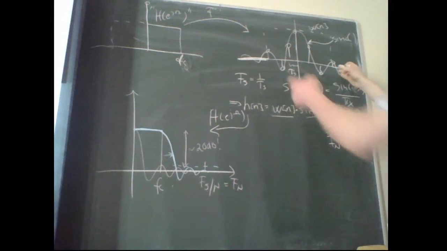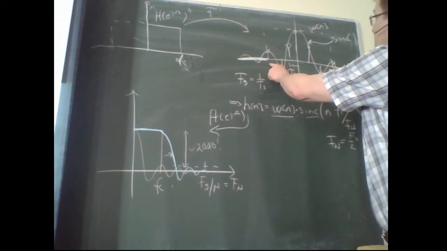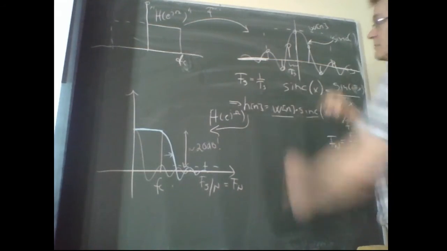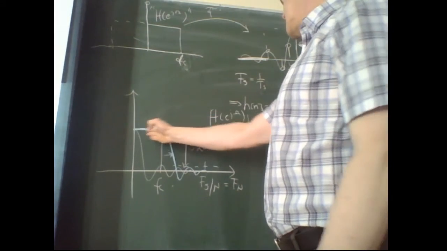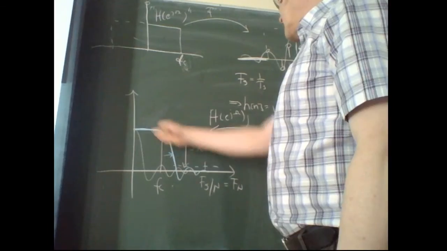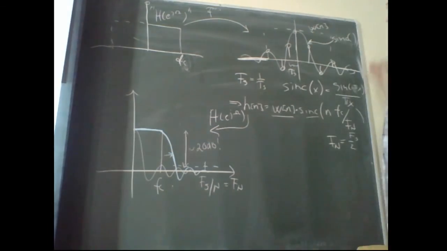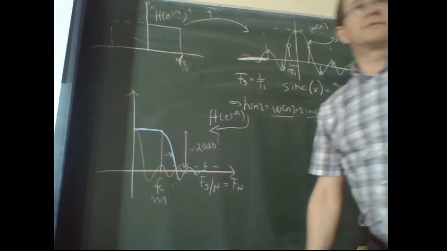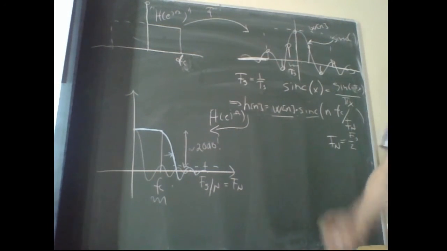So in that sense, this one is having the sinc to transform this running average filter such that you actually have control of the cutoff frequency. So the sinc function actually controls the cutoff frequency.